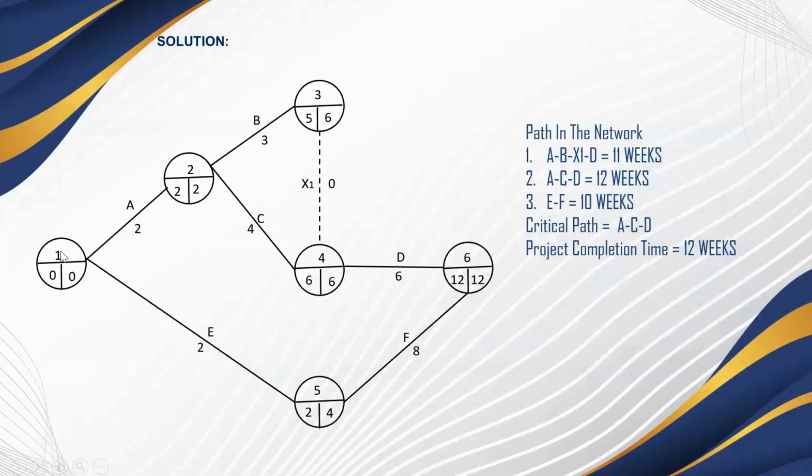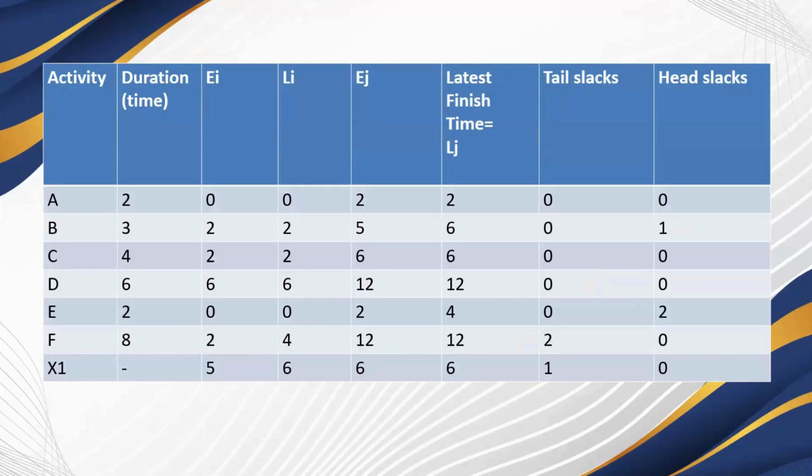For EI, the starting time goes in the EI column, and in LI we will put the values from the ending point of view.